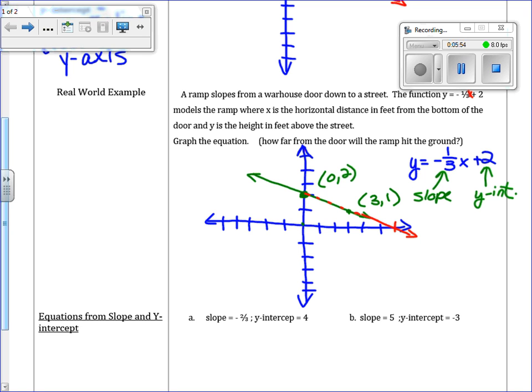So the point where it hits the ground would be at 1, 2, 3, 4, 5, 6 feet. Because our coordinate point is 6, 0. That's our coordinate point. But our answer would be 6 feet. Okay, so let's move on.